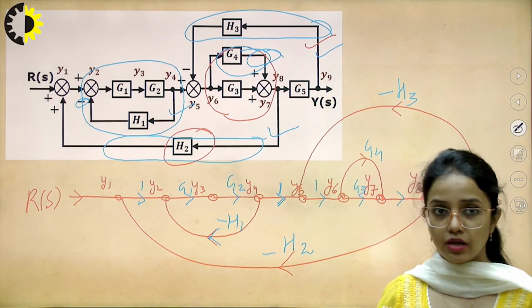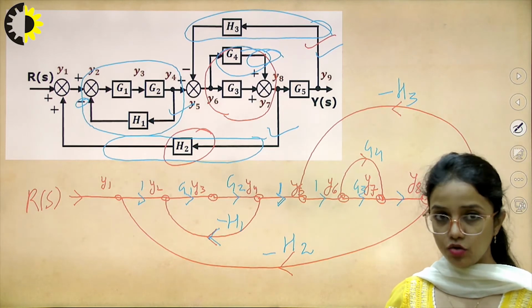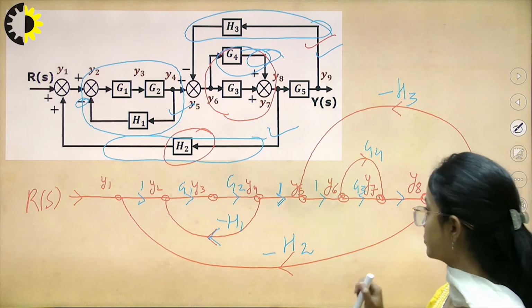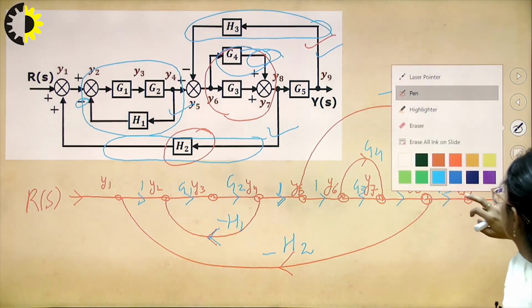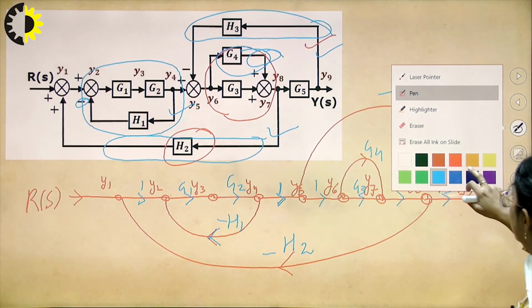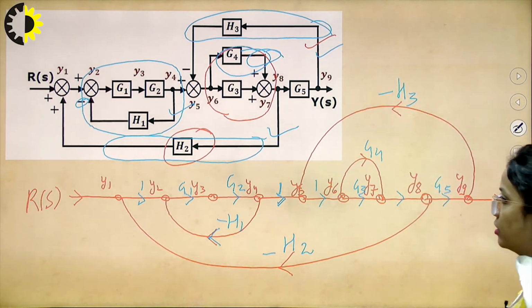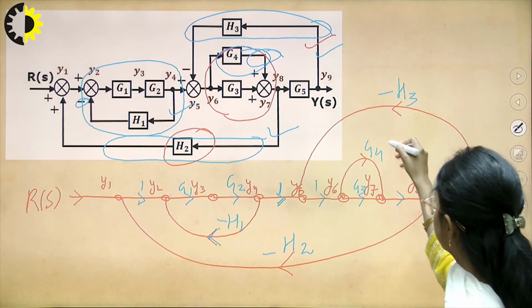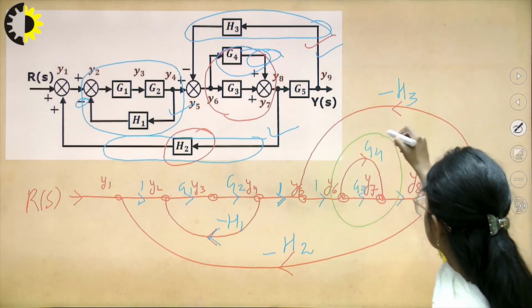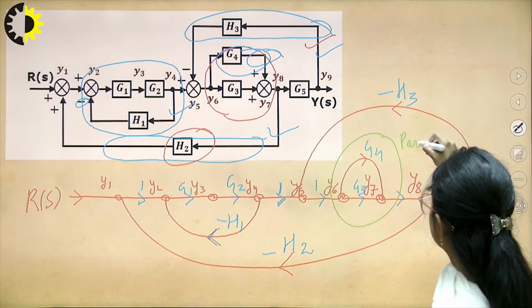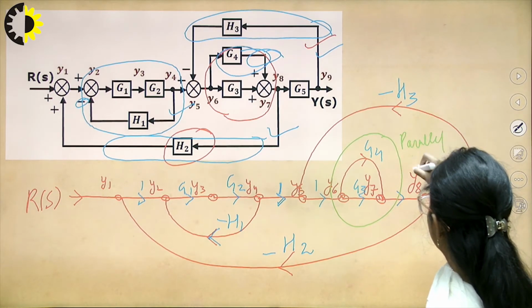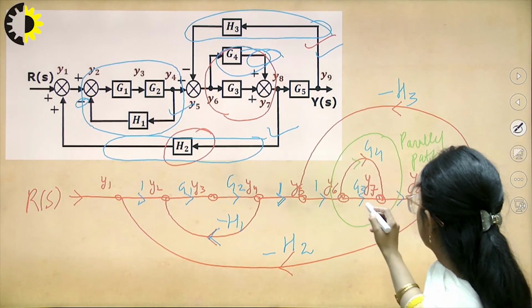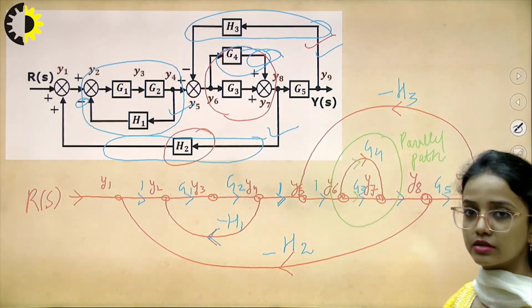So we will make all the remaining loops, and we have to understand which loop is a feedback path and which loop is a parallel path. I am very much clear that this is a parallel path. This is a parallel path. Why? Because those arrows g4 and g3 are in the same direction.